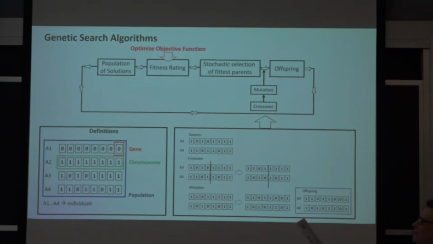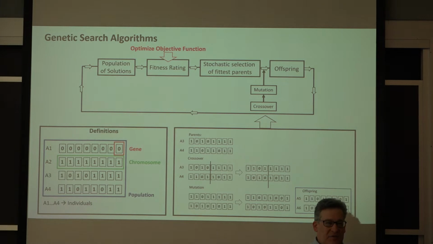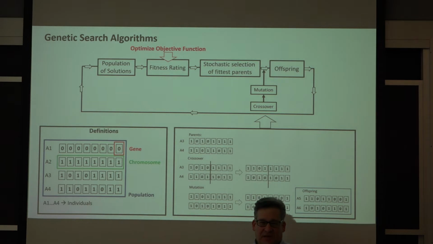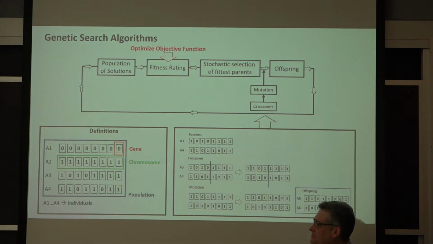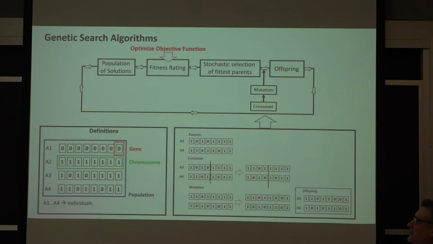I should say that the population is defined by genes, kind of like when we talk about animals and humans. The string of those genes is called a chromosome, just like with an organic person or species. And then you have a population, which are these different combinations of chromosomes. The way you get offspring is you first do what's called crossover, where you take the chromosome and pick a line in a position, maybe halfway in between, and then you trade up and down between the different genes, okay?